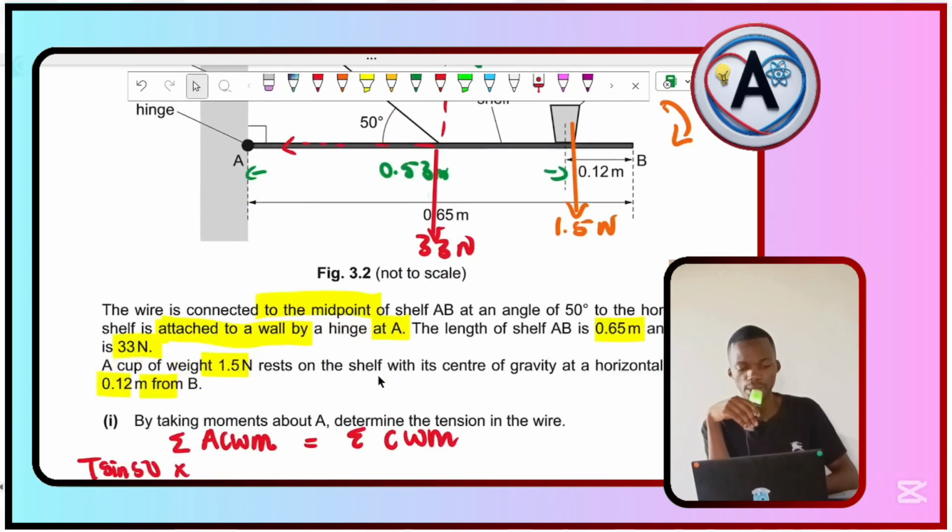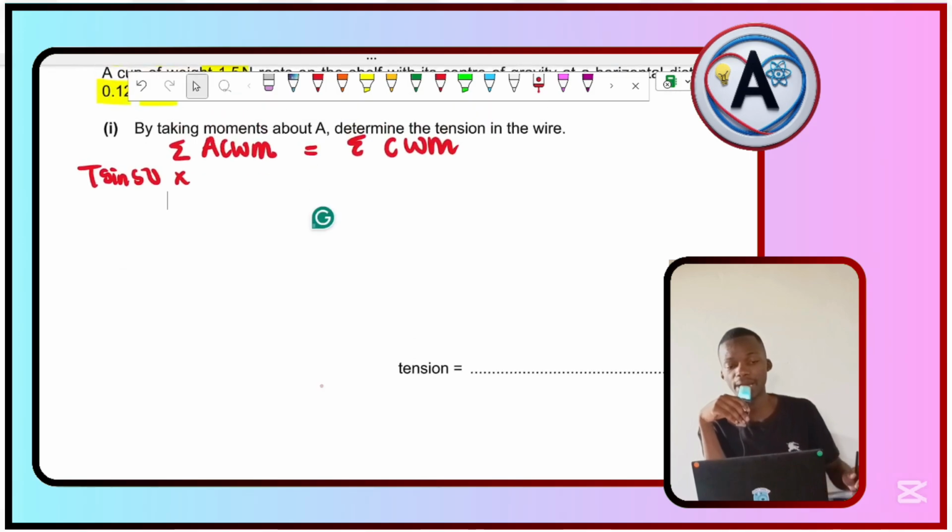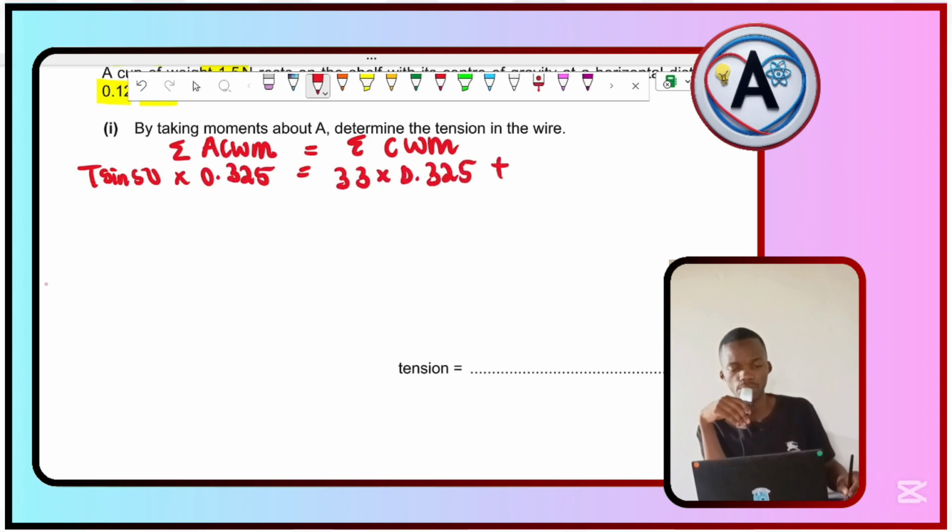I've been told that the wire is connected to the midpoint, so the distance is 0.65 divided by 2, which is 0.325. That's going to be equal to the clockwise moments: 33 multiplied by 0.325 plus 1.5 multiplied by 0.53.